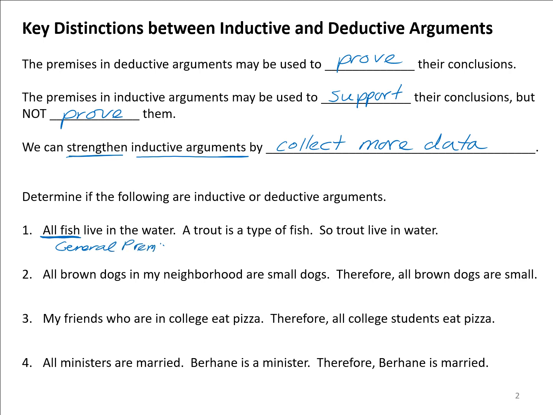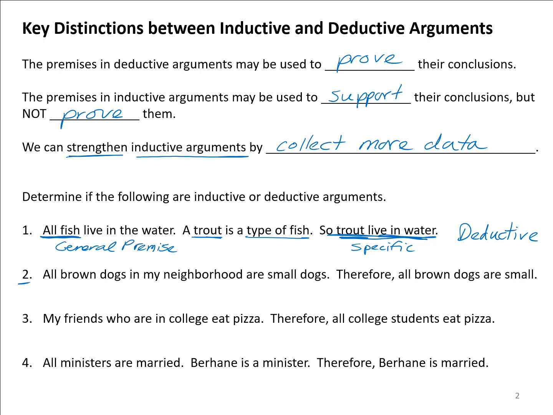And then we are given the information that a trout is a type of fish, and then make the specific conclusion that trout live in water. So that's a specific conclusion from a general premise. So this would be a deductive argument. Deductive is when you start with a general premise and form a general or a specific conclusion.